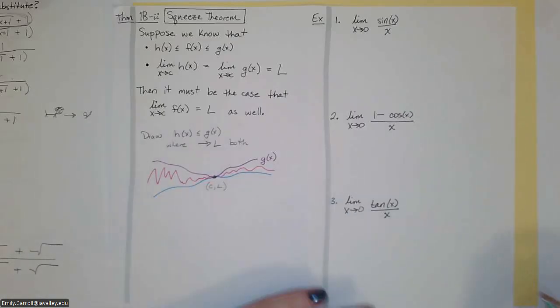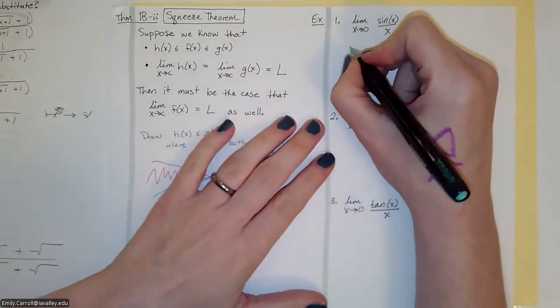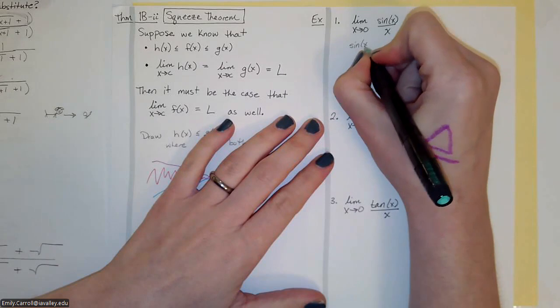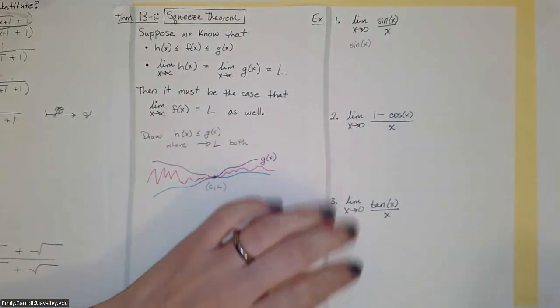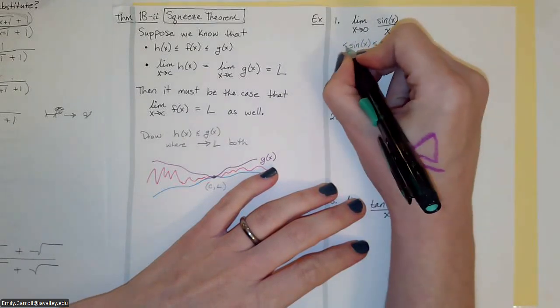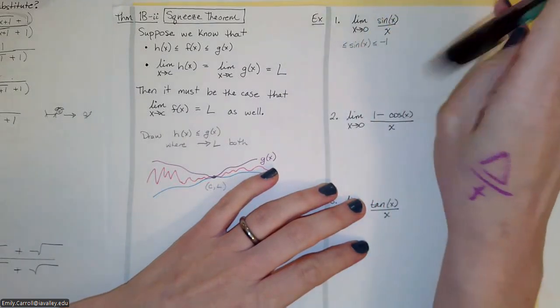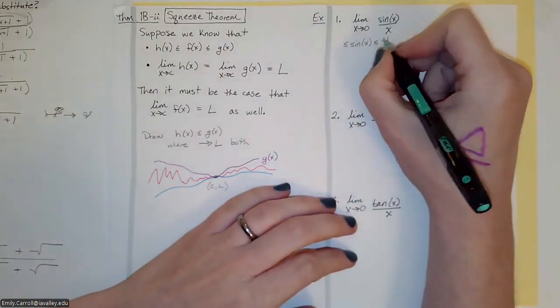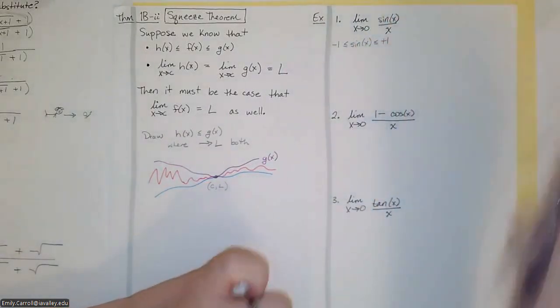Okay, notice that sine of x, no matter what x is, the sine of something always lives between negative 1 and positive 1.